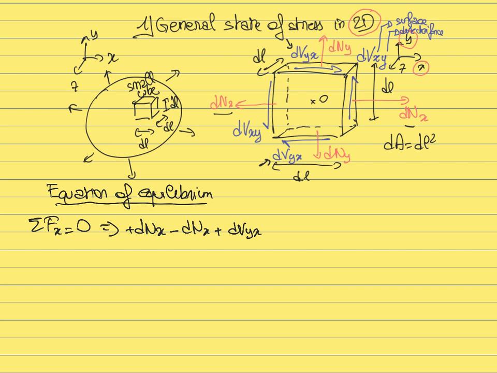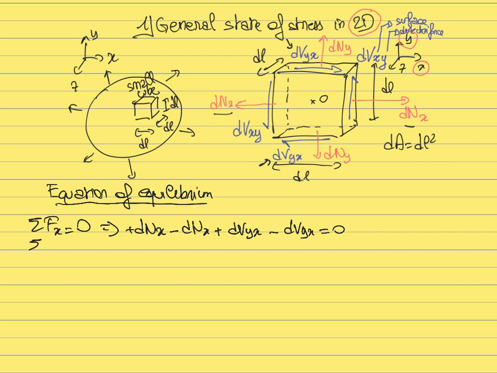And then there's the one at the bottom that is pointing towards the negative x, so it has a negative projection. And we know that the sum of those forces has to be equal to 0. So in this case, we don't learn anything new, because we already knew that dNx minus dNx plus dVyx minus dVyx is equal to 0. So this equation doesn't teach us anything new.